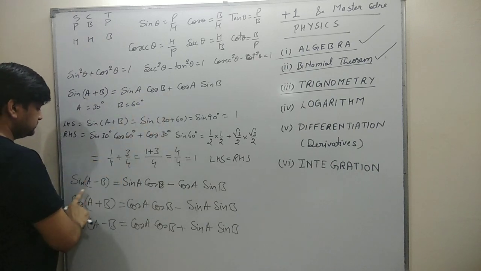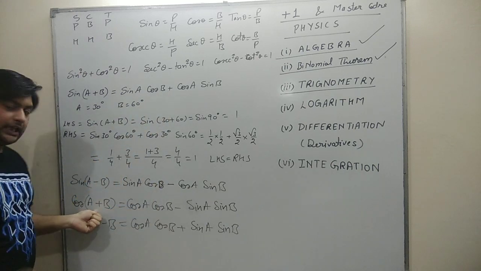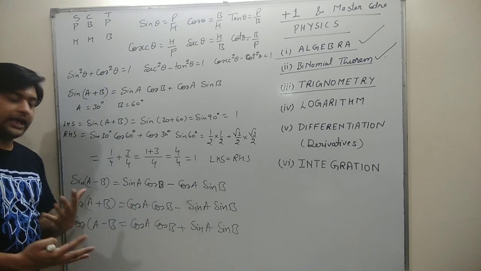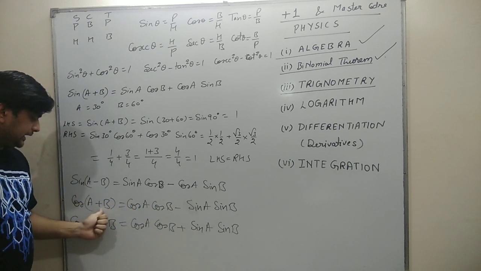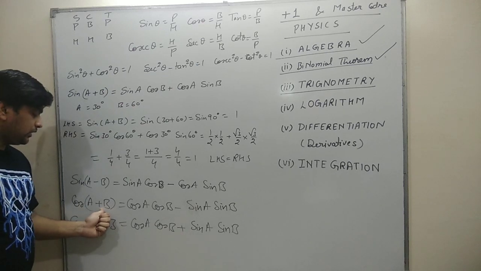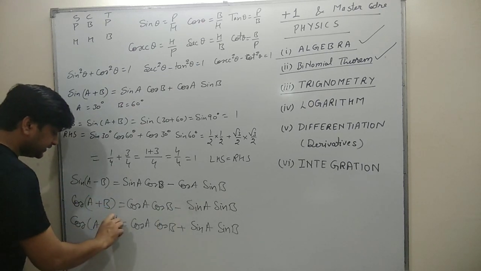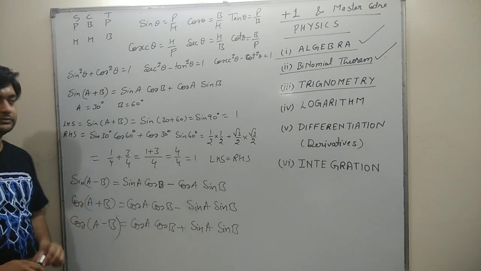Plus plus, minus minus. But in the case of cos, cos and cos come together, and in the formula of plus there will be minus, and in the formula of minus there will be plus.